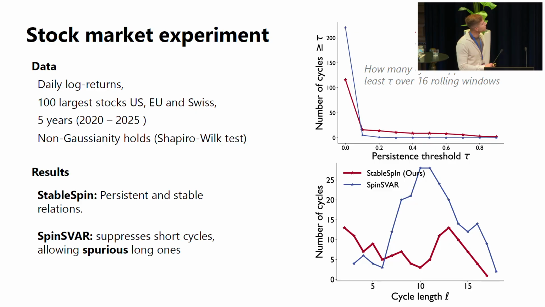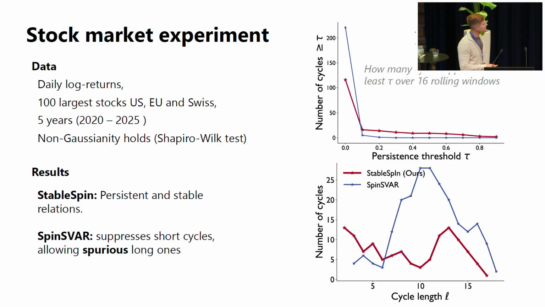So looking at the first plot, I will explain it by an example. For 0.2, it means how many cycles exist in at least 20% of the 16 rolling windows. And for SpinSvar, this is 0, so no cycles repeat, while for stable spin, some cycles repeat themselves over the windows. So stable spin has more persistent cycles, let's say.